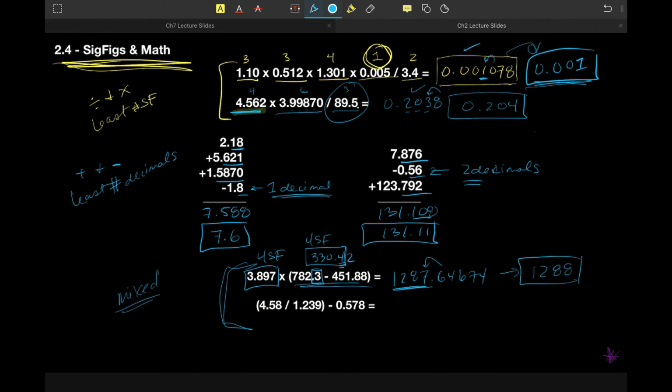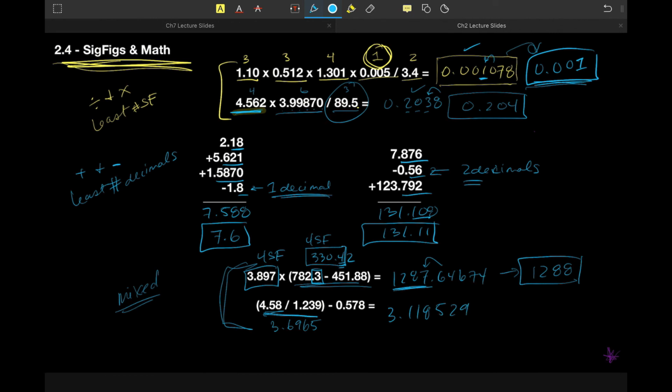Here we have this operation where it's division, so least number of sig figs, which would be 3. So 4.58 divided by 1.239 is going to give us 3.6965. And then we're going to subtract 0.578, which gives us 3.118529, and so on.